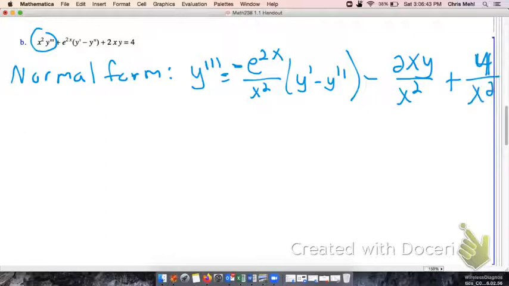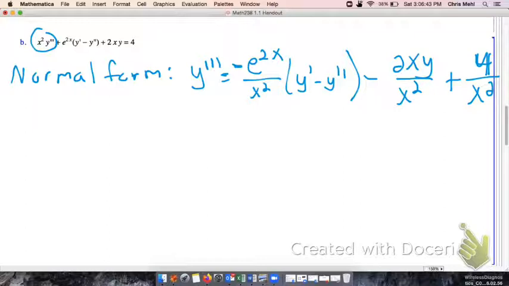Now that is technically in normal form because I did solve for the highest order derivative in terms of x, y, y prime, and y double prime. I probably should have put 4 over x squared out front and subtracted those other two terms off.